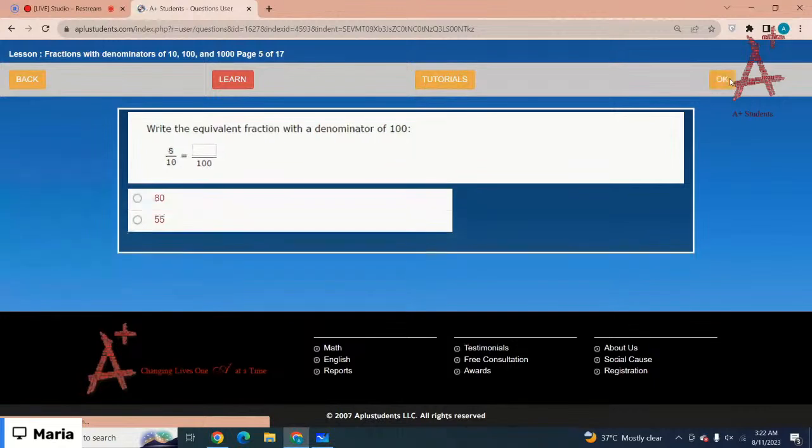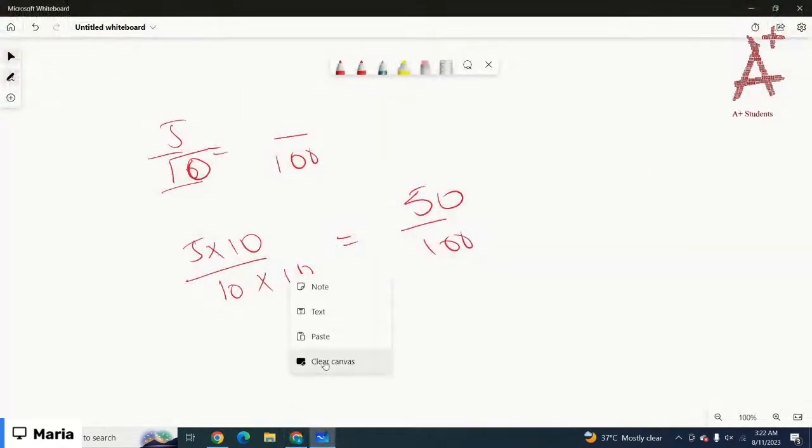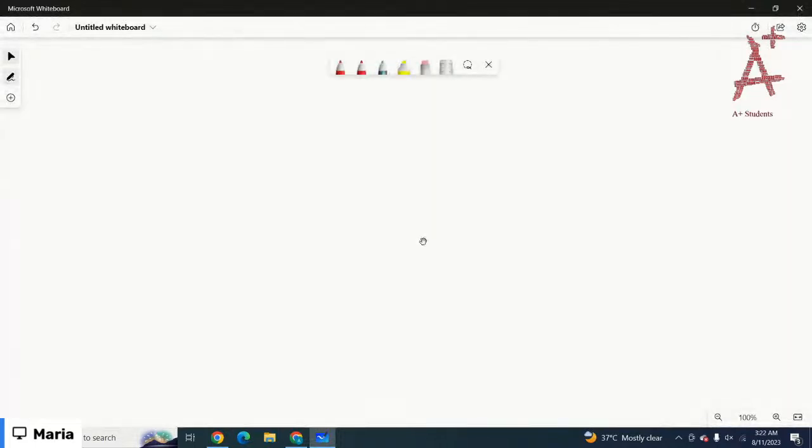Okay, the next one is write an equivalent fraction with a denominator of 100. So you have to write down the equivalent fraction. 8 by 10 equals missing number over 100, right? So how do you find the missing number? You can see here the denominator is 10 and you have 100. You have to make the denominator 100.